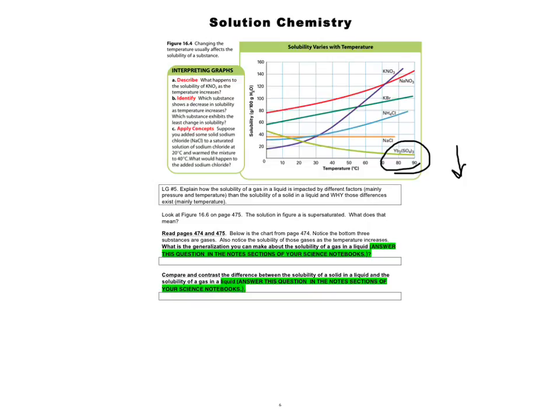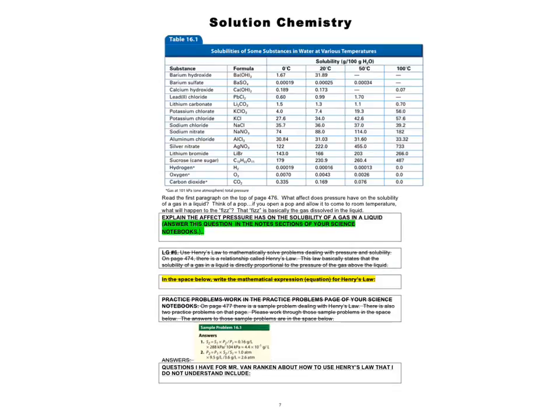And when you look at the sodium chloride right here, that's pretty much a flat relationship. There essentially is no change in solubility. You look at these other 4 compounds that they've included here, and there's a marked change, especially with the potassium nitrate, in terms of increasing the solubility with an increase in temperature, which is kind of interesting and fun to look at. So just another graphical representation of how things are in the real world. Good stuff. Remember the generalization, though.